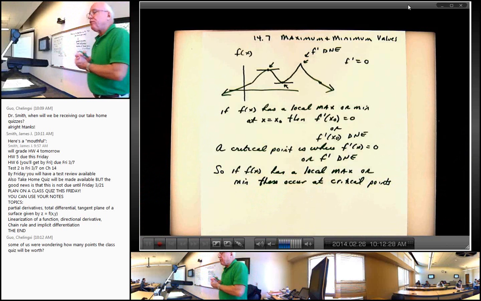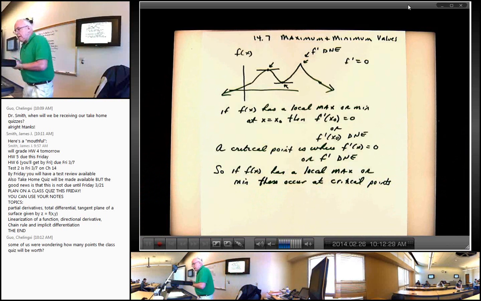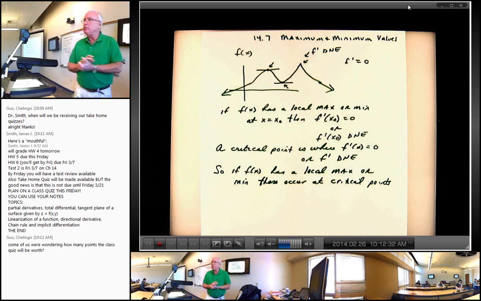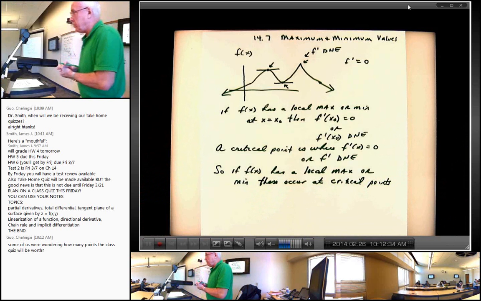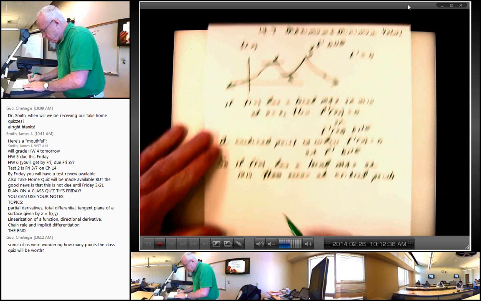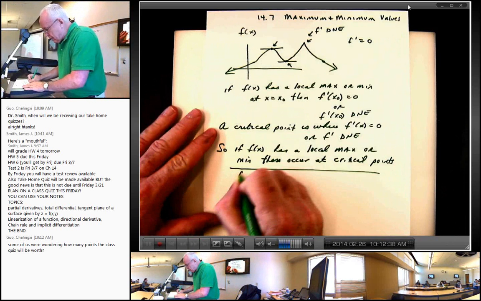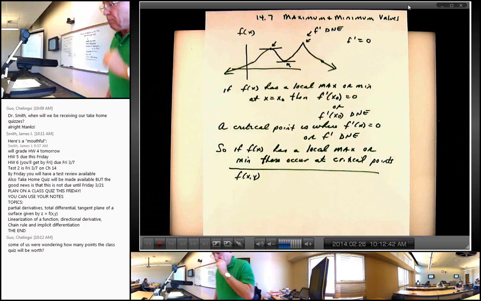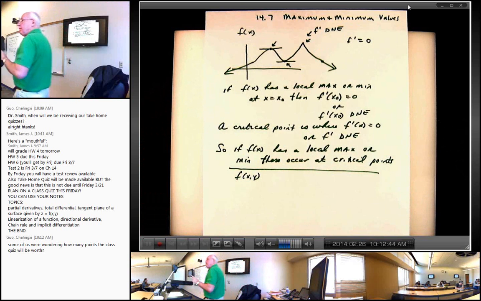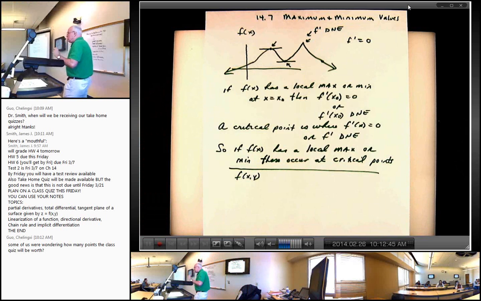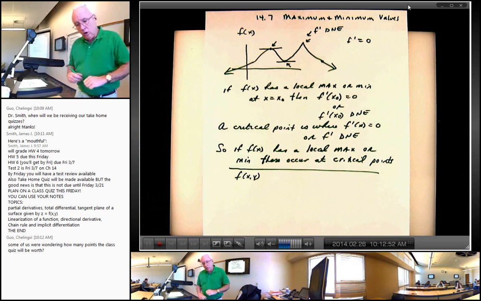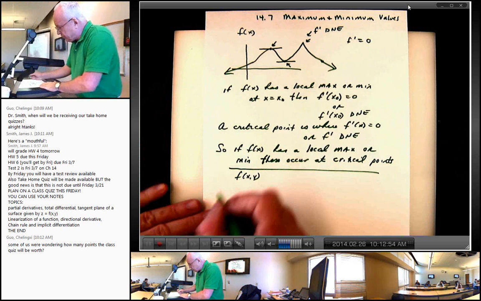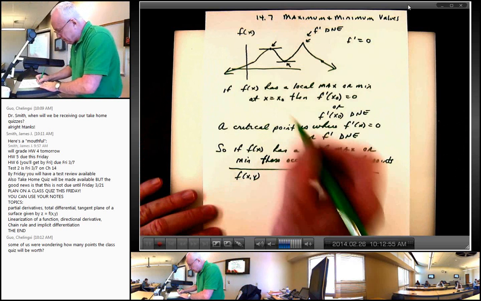Now, so that's for one variable. Now, we have a similar kind of result for functions of two variables. So let's look at f of x, y. Remember, for functions of two variables, we don't just have a single derivative. We have two separate partial derivatives. So we have this result, which is very similar to the first thing I had written down.